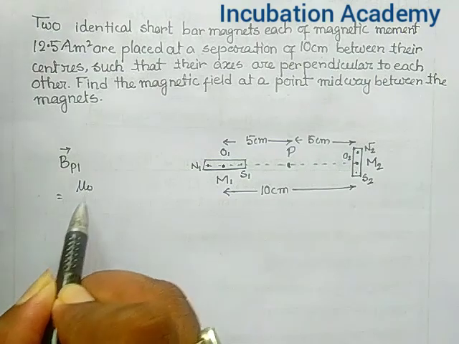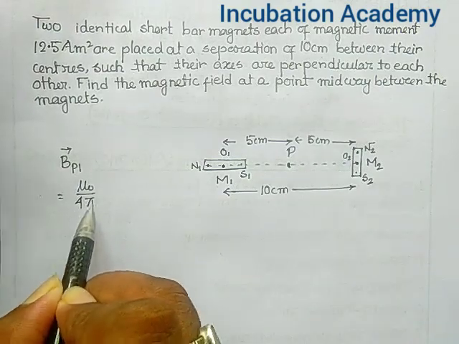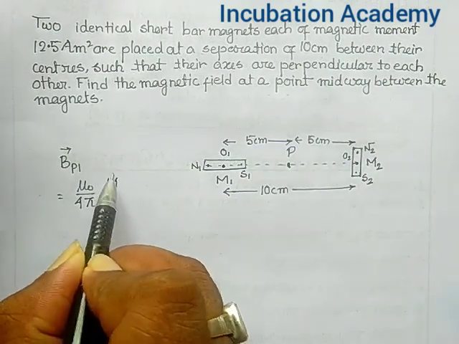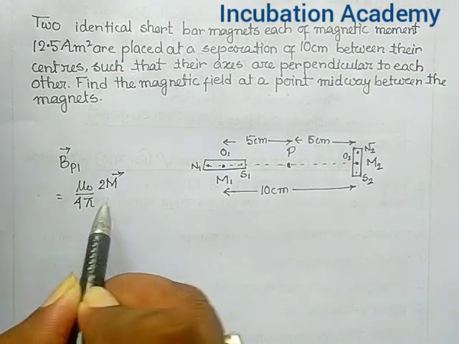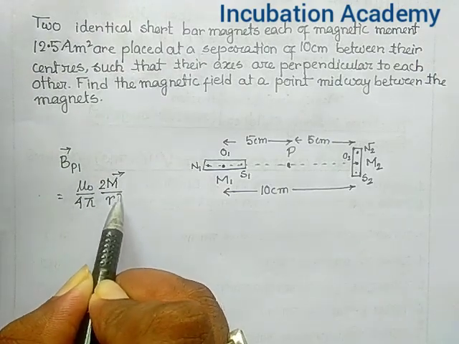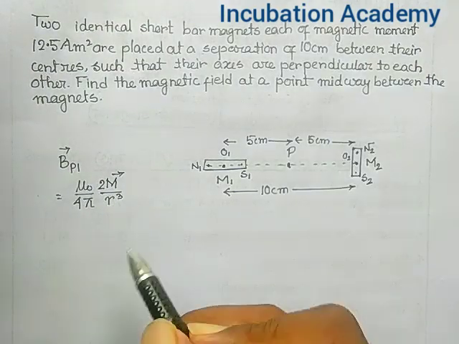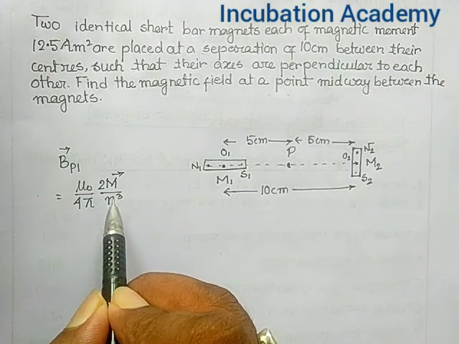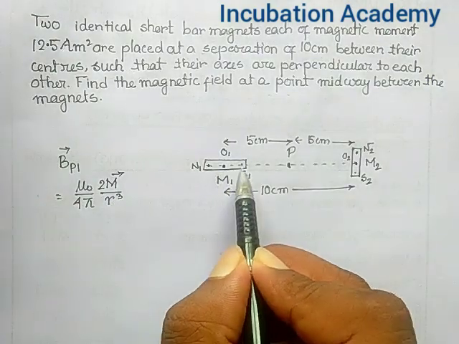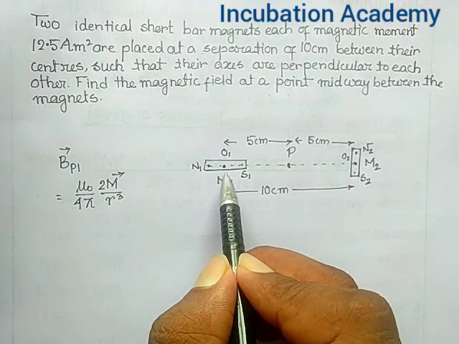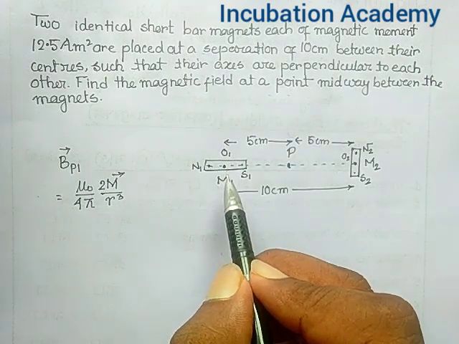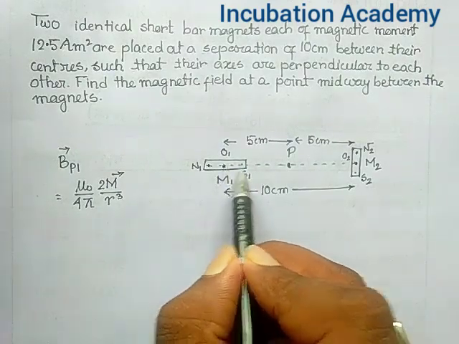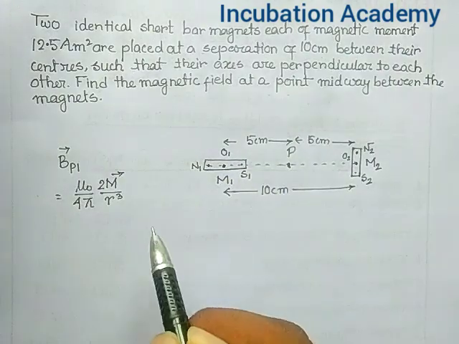Mu naught divided by 4 pi, magnetic moment vector into 2 divided by r cube. Why is it r cube? Because it is a short bar magnet, that is, the magnetic length of the bar magnet is very small compared to the distance r here.